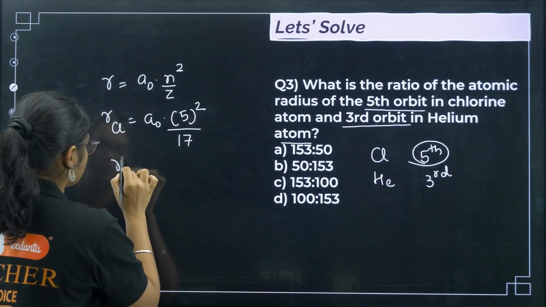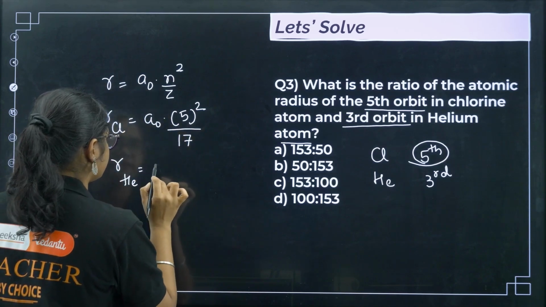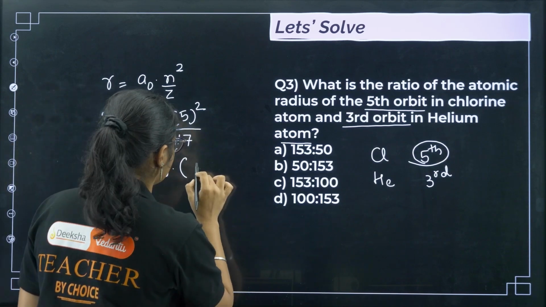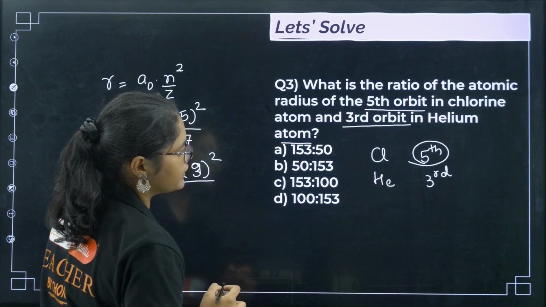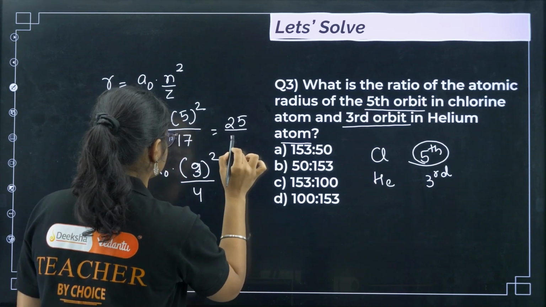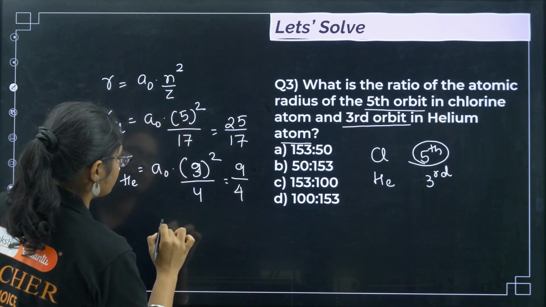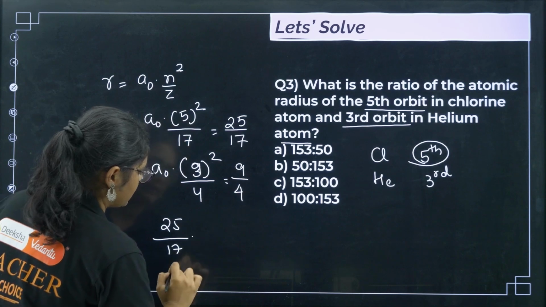Next, if I want to calculate for helium, it is a naught again. N square value here is for the 3rd orbit, so that means 3 square. Z value is 4, right? So it is 25 by 17 and we have 9 by 4. If I take a ratio of these two, I get 25 by 17 divided by 9 by 4.